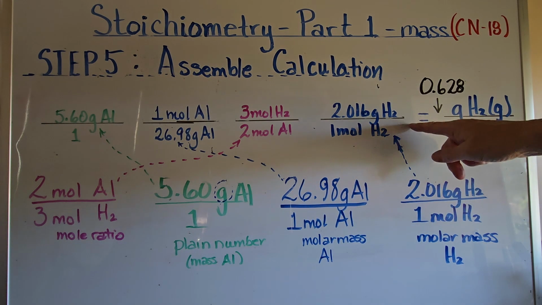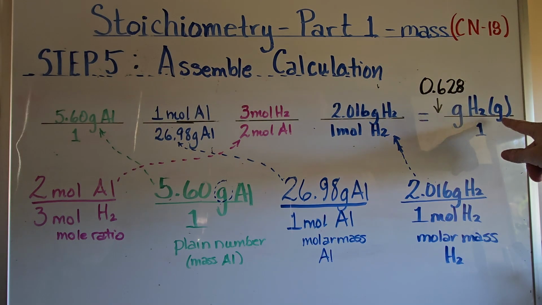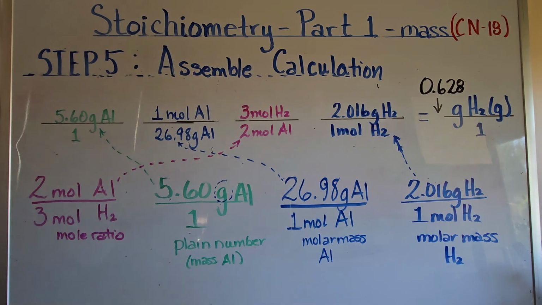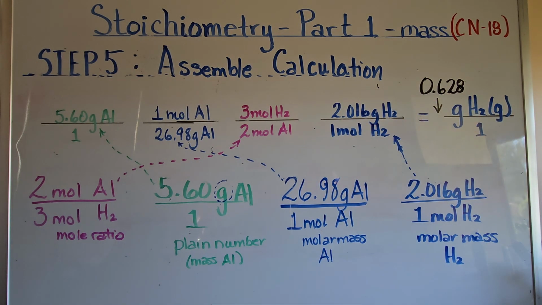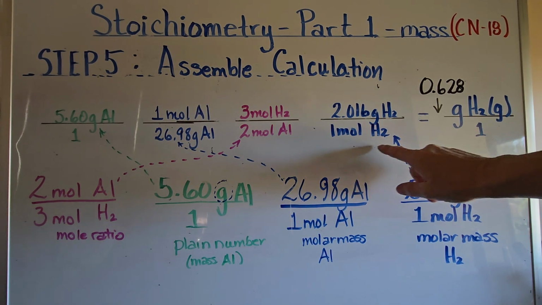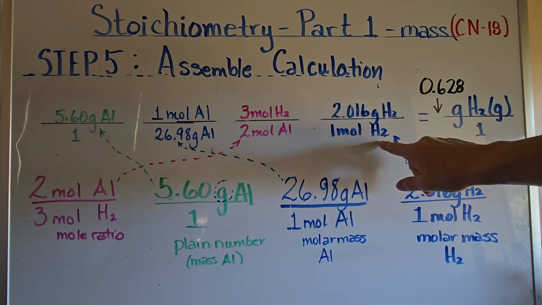In this case, I want to keep it the way it is because I want to start off by matching the units and label of my answer with the units and label of my first unit factor. So that works. However, I have moles of H2 in the denominator, and I don't want that. Why? Because it's not over here in my answer. So I need to find another unit factor that will get rid of moles of H2.